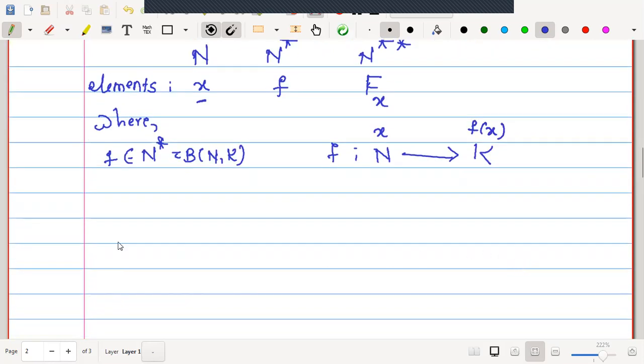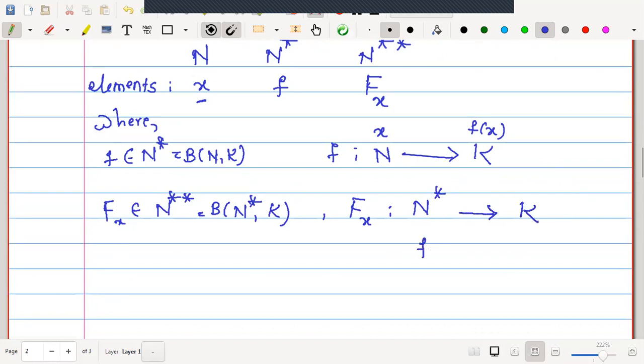Similarly, whenever we write F x belongs to N double star, which is the set of all bounded linear transformations from N star to K, the mapping will be defined on N star to K. The nature of the element will be: f will be a functional in N star and the image will be F x of f.